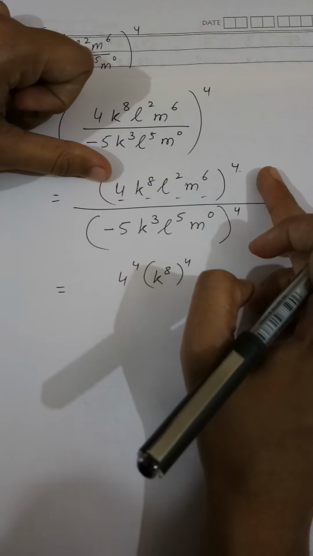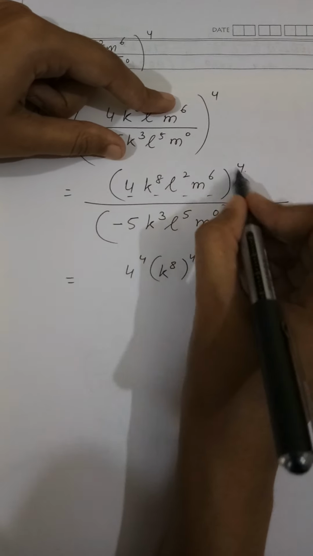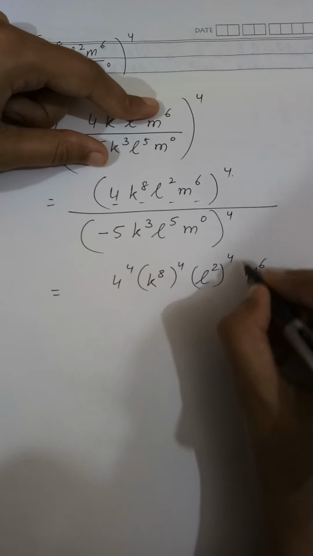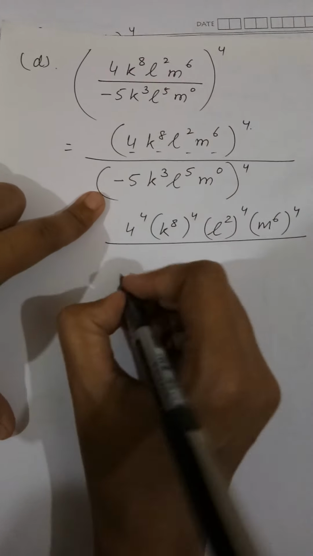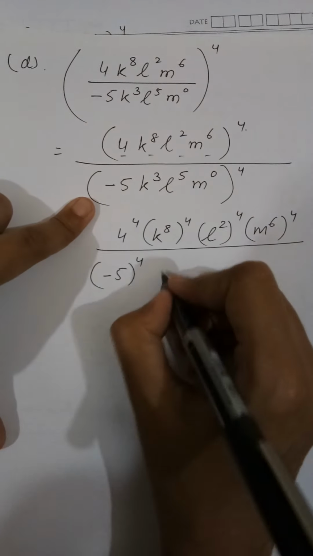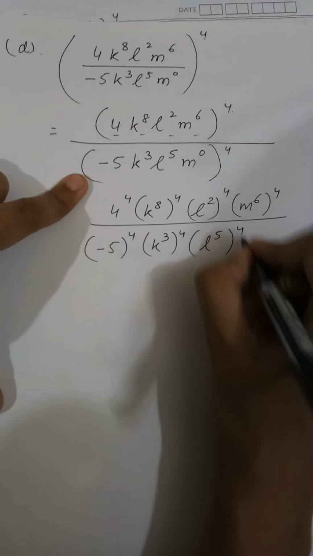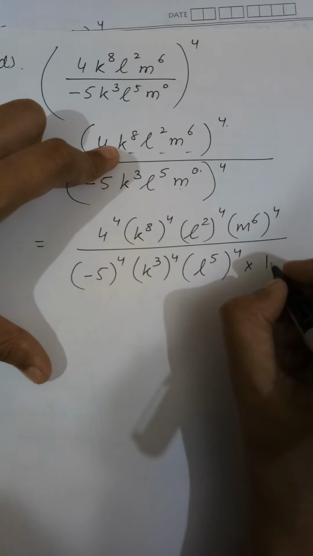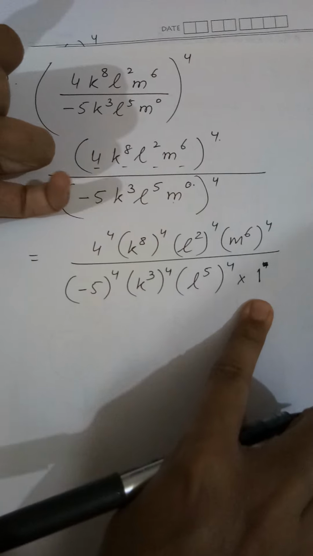I have to open this power, so I have to take this power with each of the terms inside the bracket: L square whole to the power 4, m to the power 6 whole power 4, divided by minus 5 to the power 4, k cube whole power 4, L to the power 5 whole power 4. Now m to the power 0: anything to the power 0 will give you 1. So this is going to be 1, and if 1 is there and the power is 4, it will automatically be 1.